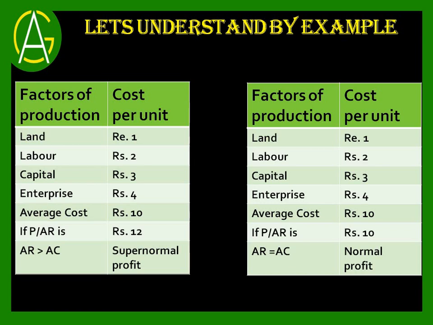Friends, we have understood two situations. The first situation, do remember: when average revenue is greater than average cost, the firm makes supernormal profit. When average revenue is equal to average cost, the firm makes normal profit only.